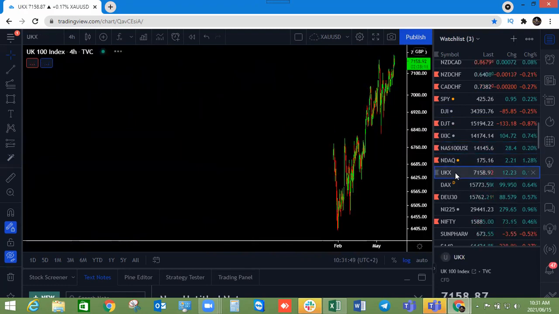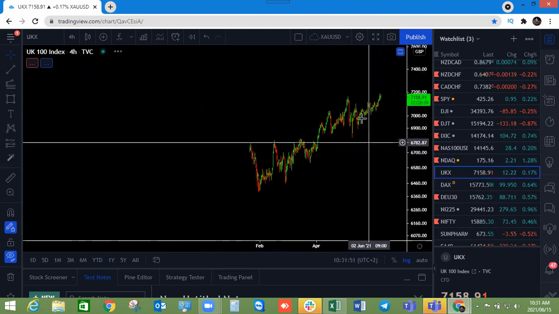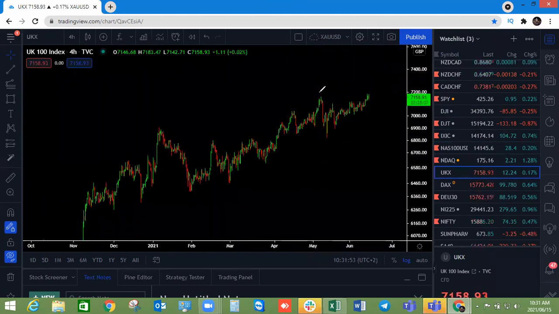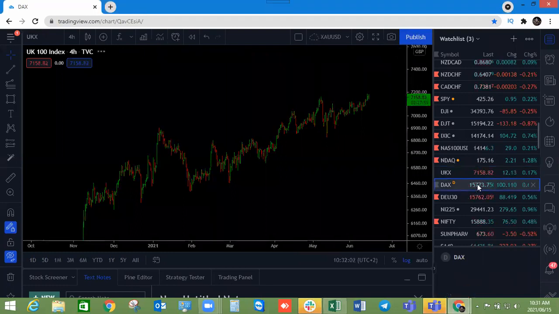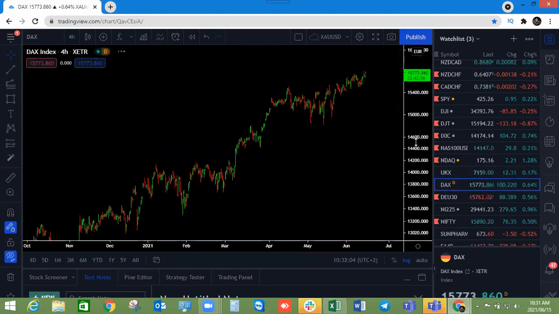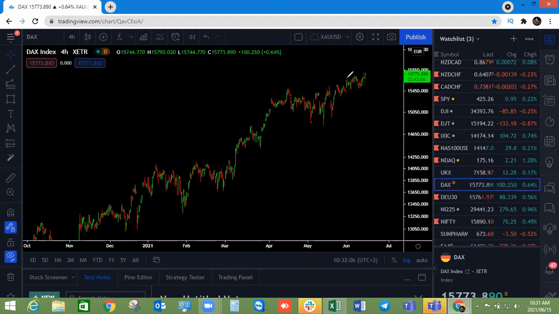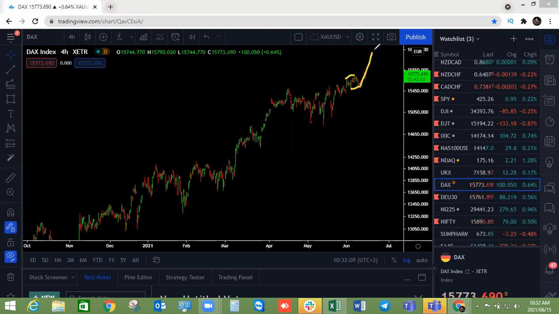UK 100. We've taken the previous high. We said we want to see the UK 100 at this level make a pullback like this. We are still there. DAX, nothing new there. We saw this continuation pattern to the upside yesterday.